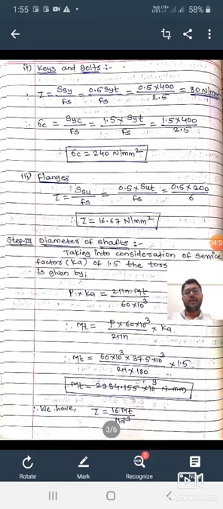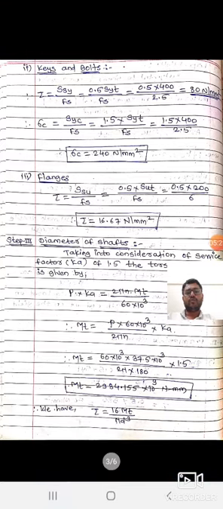That is, Mt equal to P into 60 into 10 raised to 3 upon 2 pi n into Ka, where Ka is the application factor. So just put the values of P, N, Ka into the given equation and find torsional moment Mt, which we can calculate as 2984.155 into 10 raised to 3 Newton mm.